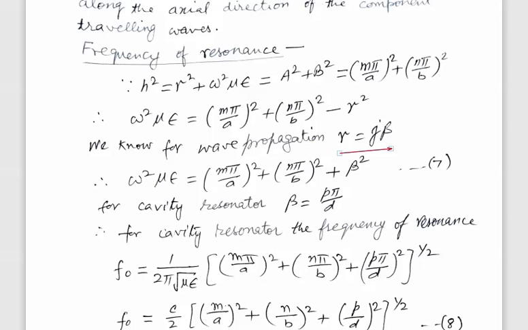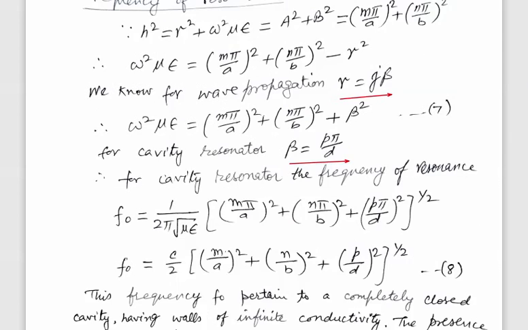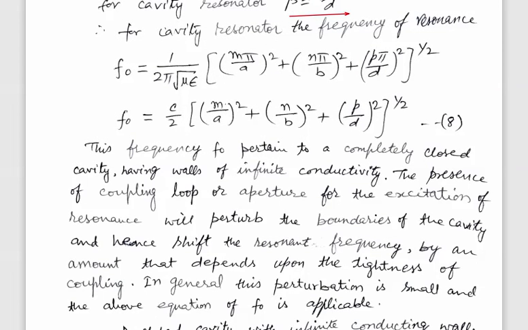After substituting the value of beta, which is given by pπ over d, and solving this equation in terms of frequency in hertz, the resonant frequency will be given by f0 equal to 1 upon 2π under root mu epsilon, under root (mπ/a) whole square plus (nπ/b) whole square plus (pπ/d) whole square, cancelling π and substituting c for 1 upon root mu epsilon.